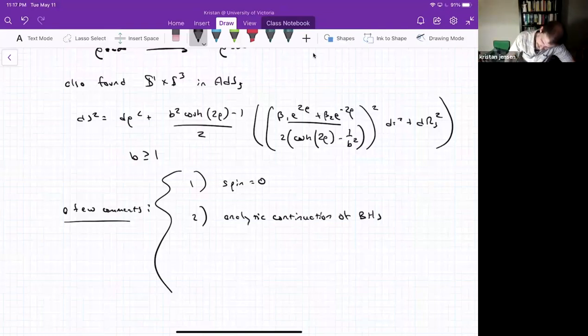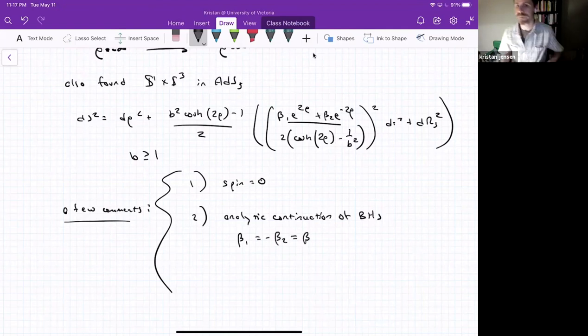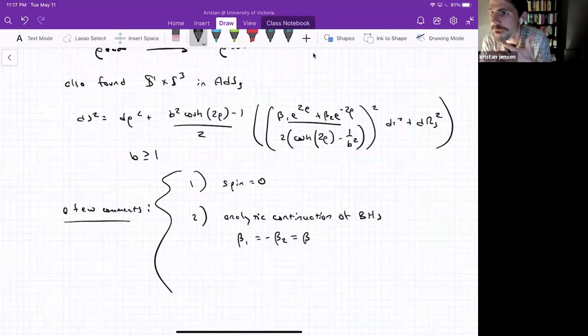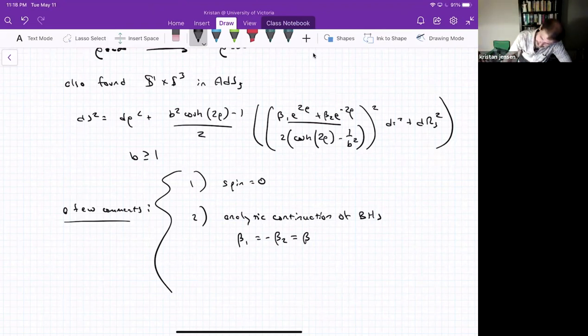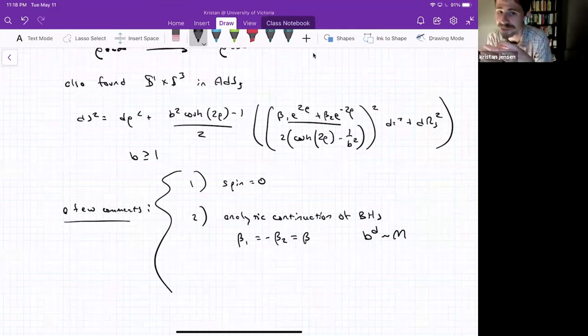The way to see this is that if you take beta 1 equals minus beta 2 equals beta, then these line elements are respectively the line element of the Euclidean torus black hole and the Euclidean black hole in global AdS 5, with a relation between B and the mass, where B to the D is roughly speaking the mass of the black hole. If you perform this continuation, the geometry pinches off at rho equals 0, where the thermal circle shrinks to 0 size.